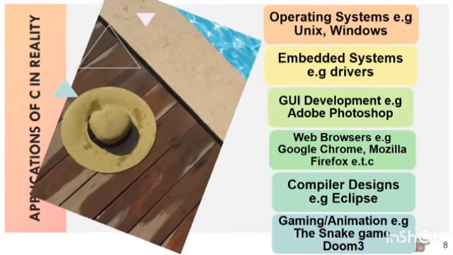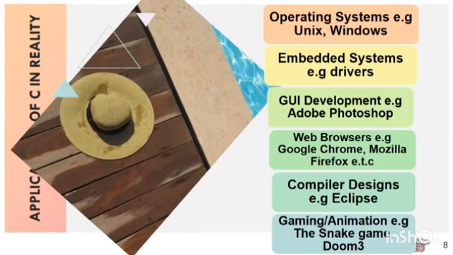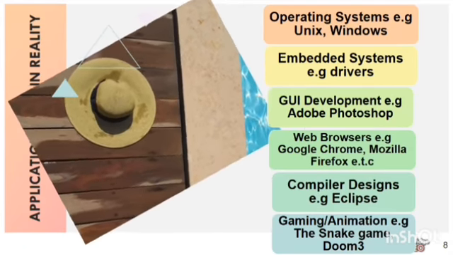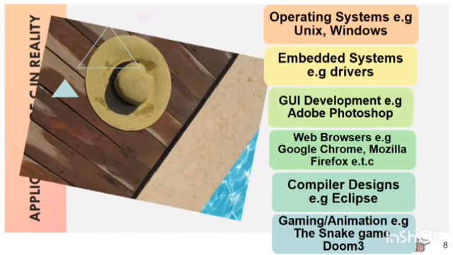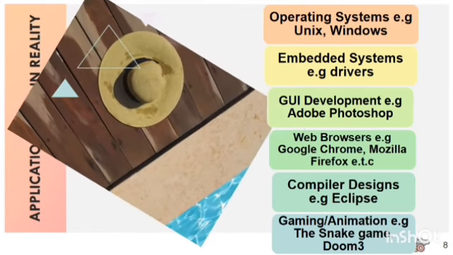Applications of C in the real world. Most operating systems in existence today, such as Windows and Unix, which are widely used, are actually products of C. We use it to build them.